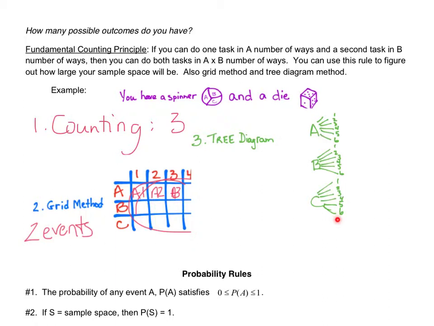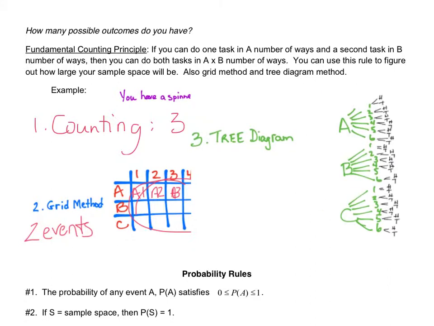But if we had a third event, let's say flipping a coin, we could add that to each one of our numbers here and put heads, tails, etc. And we could have our entire possible outcomes here. Just be careful because you can see right here I started to get kind of sloppy with it. Here actually is a much neater version of it, but you can see along here are listed all of our 36 members of our sample space, and you would read each member as A1 heads, A1 tails, and so forth.